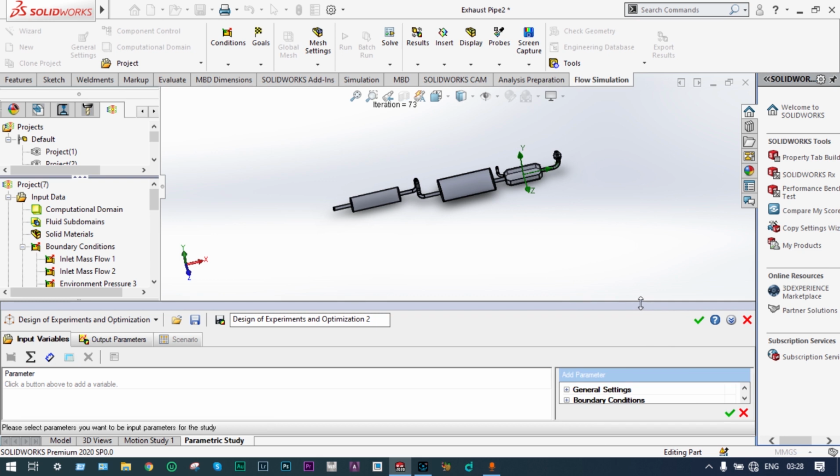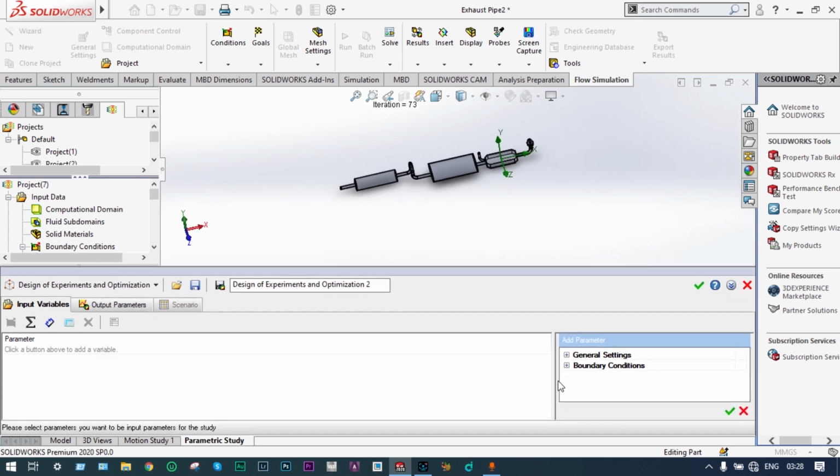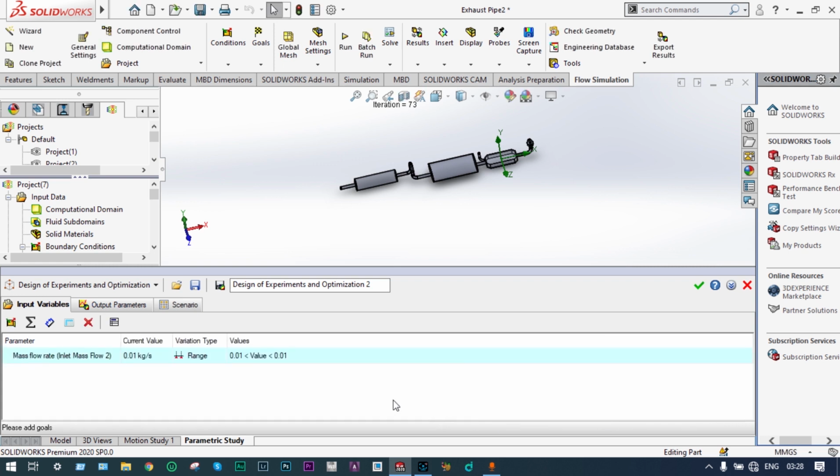and it will come from boundary conditions, definitely. Inlet mass flow rate 1 was for exhaust gas and inlet mass flow rate 2 was for air. So we have to select this second one, mass flow rate of air. Green check. The initial value of this mass flow rate of air was 0.01 kg per second.